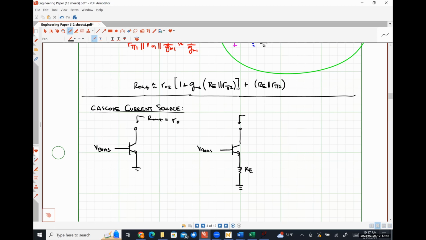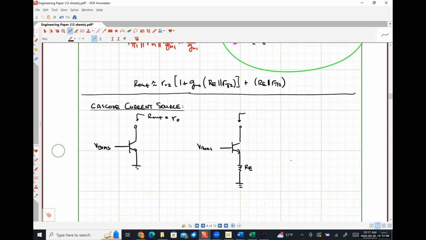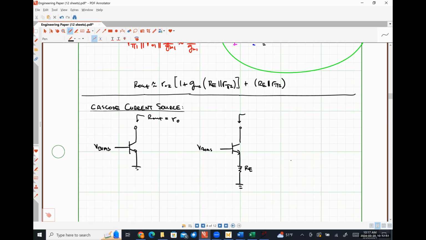So this is RE. And this output resistance right here, I'm going to cheat a little bit here. Luckily, the output resistance of a degenerated transistor is literally right above me.